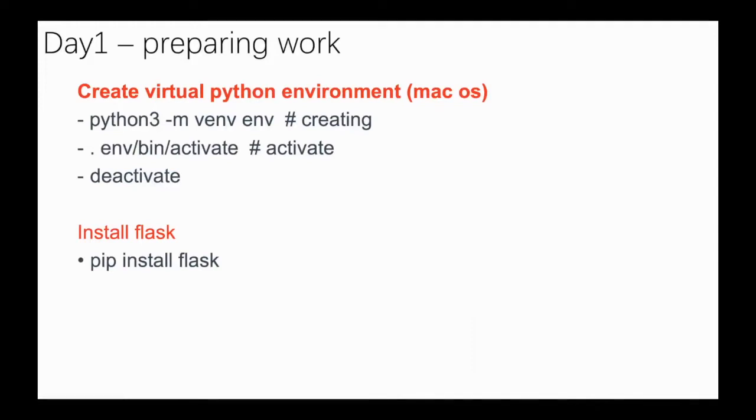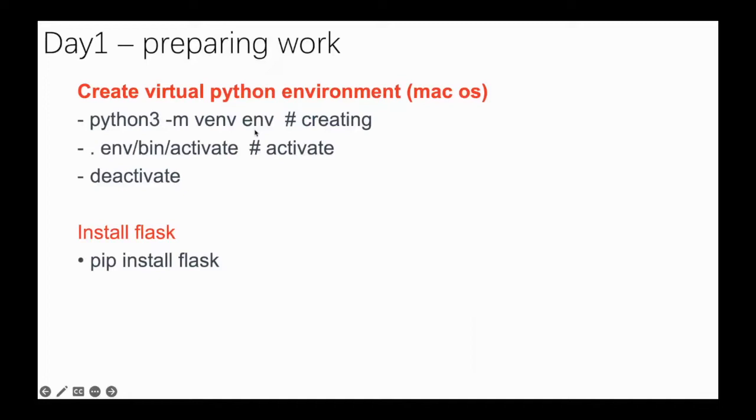And the next one, we need to build a Python environment. Of course, you can use the local Python environment. In our tutorial, I recommend you use a virtual Python environment, so that for different applications you use different environments. You can use python3 -m venv to create a virtual Python environment.